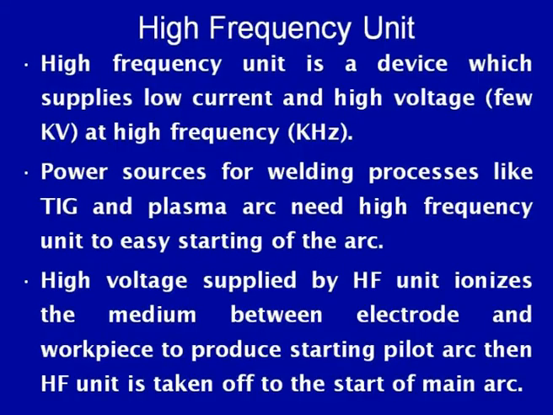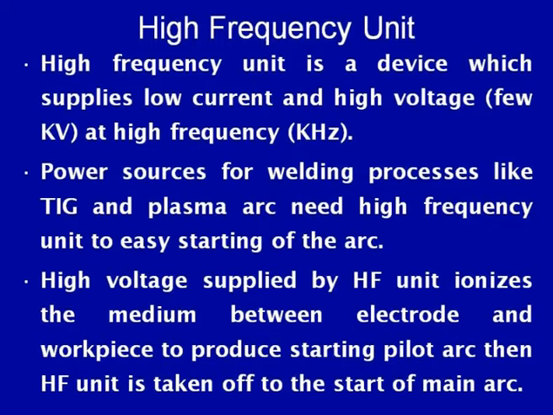The high frequency unit is one of the devices which is commonly used with the welding processes. Its main role is to deliver high frequency current of low magnitude at very high voltage, so that the arc can be ignited very easily in the initial stages.